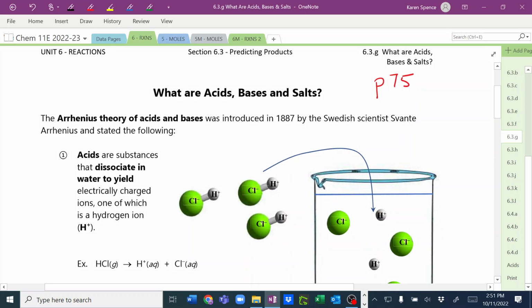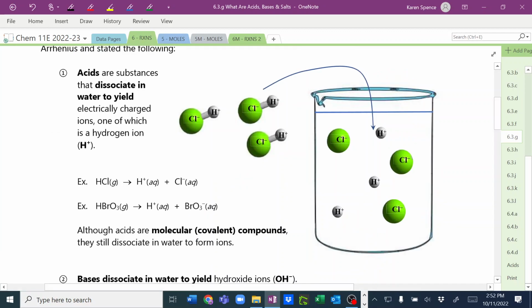Acids, according to Mr. Arrhenius, who was a Swede, he had a theory about acids and bases, and what he said was that acids are substances that dissociate in water to yield electrically charged ions, one of which is the hydrogen ion.